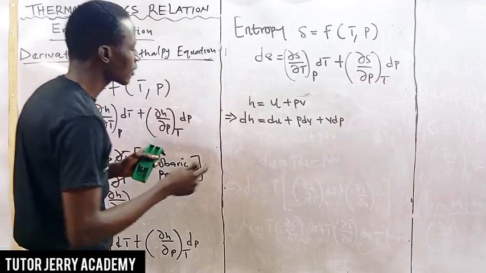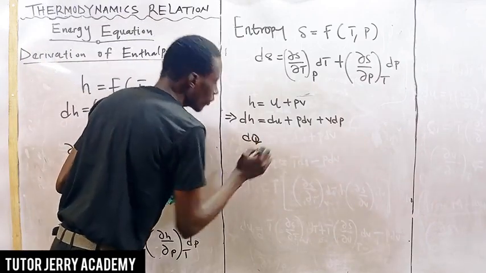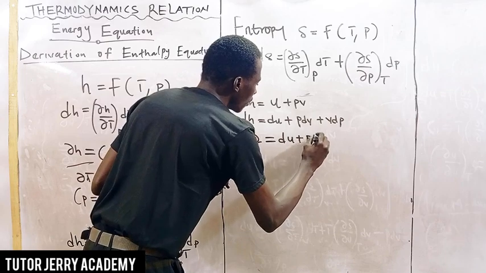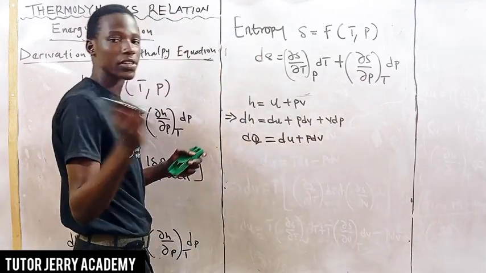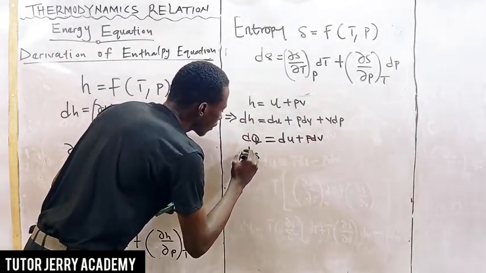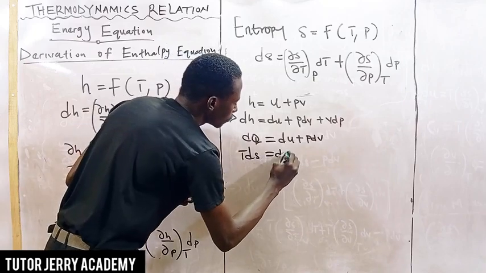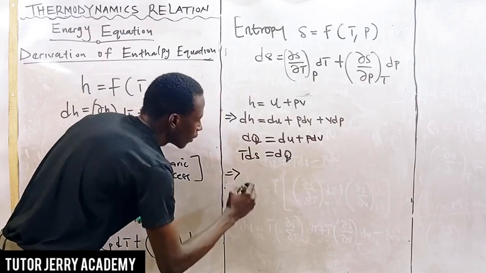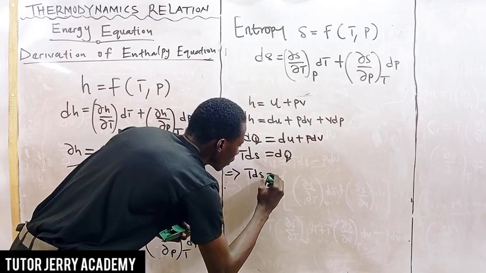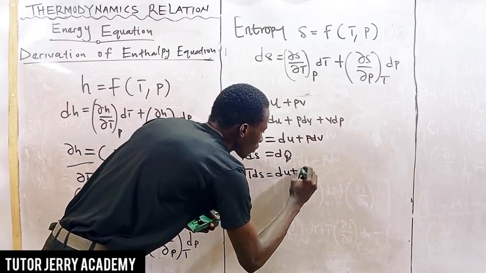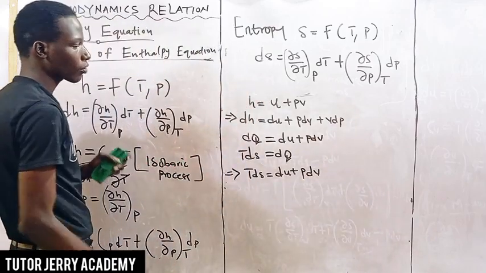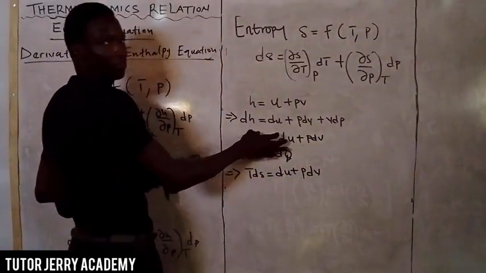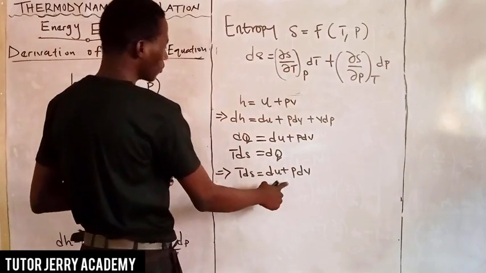Next, we know from our first law of thermodynamics that dQ is equal to dU plus P dV. We also know from our second law of thermodynamics that dS is equal to dQ over T. If we equate these both equations, we are going to have T dS is equal to dU plus P dV.